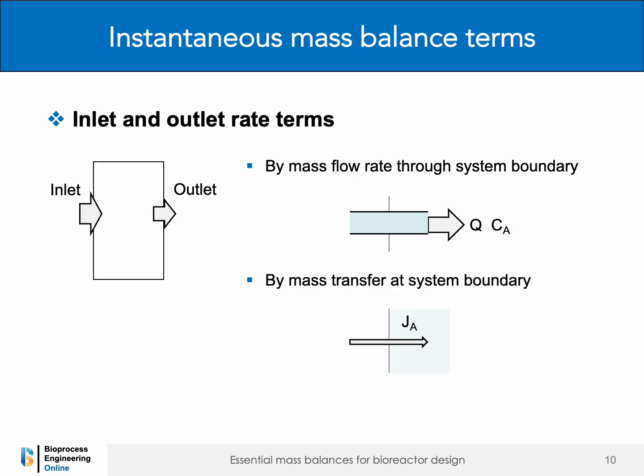Inlet and outlet terms can also result from mass transfer across the system boundaries. For example, oxygen or carbon dioxide may cross the gas-liquid interface by diffusion. In this case, the inlet or outlet term corresponds to the rate of mass transfer of the component across the interface.